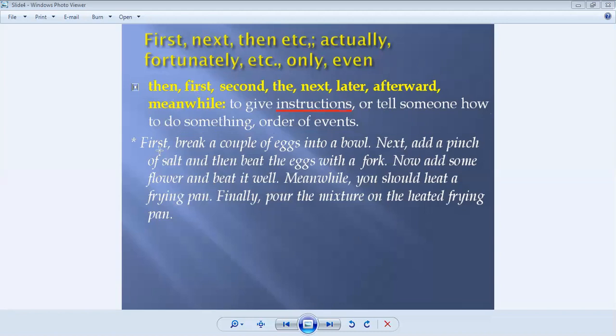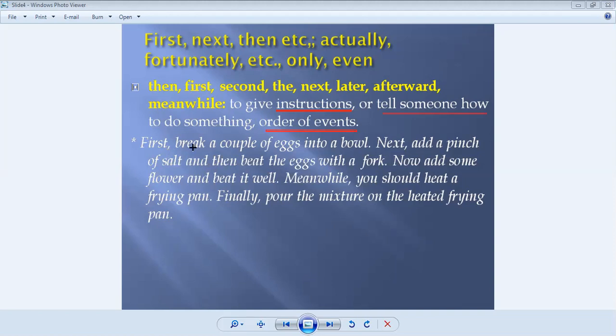For example, first break a couple of eggs into a bowl. Remember we made an omelette in the writing lesson? You wrote the instructions on how to make an omelette. And then next, add a pinch of salt. Then, do you remember or not? The omelette.